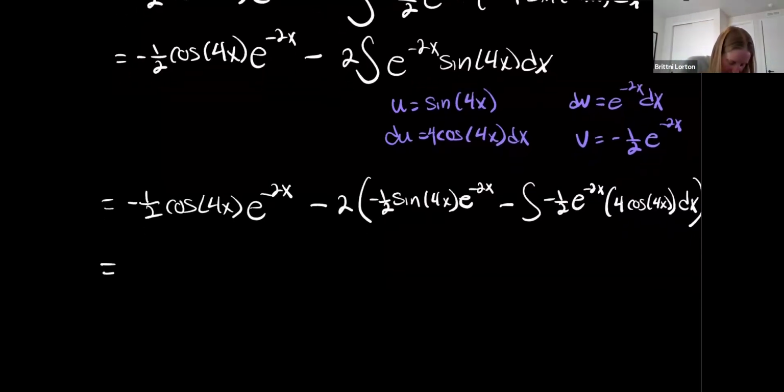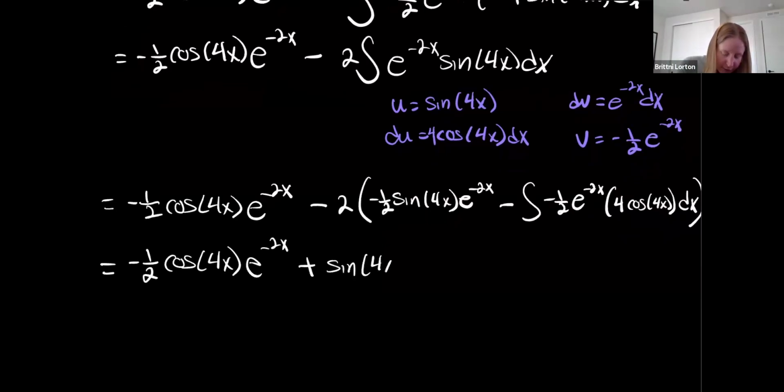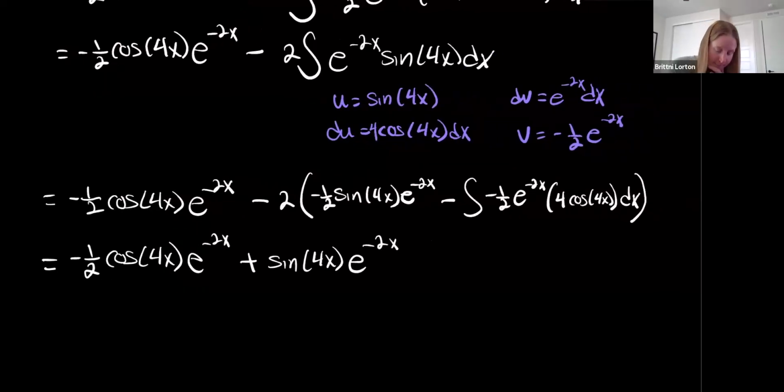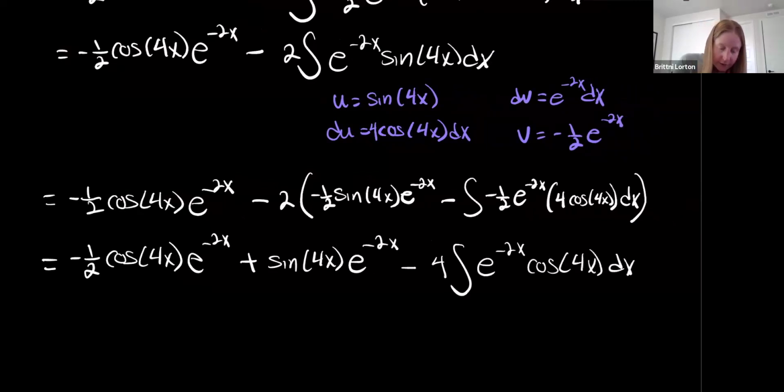Okay, then I simplify. This is going to become, I have a negative 1/2 cosine of 4x e to the negative 2x plus sine of 4x e to the negative 2x. I'm distributing along the way. Minus a 4 times the integral of e to the negative 2x times cosine of 4x dx.